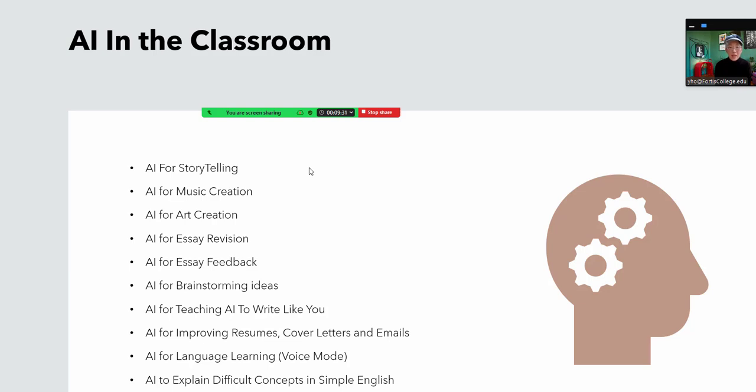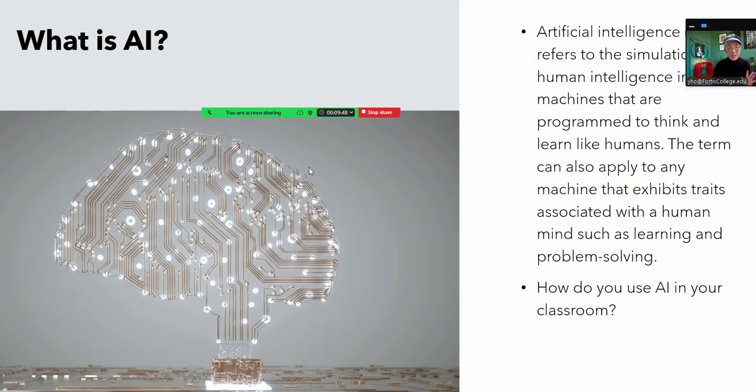So if you use AI in voice mode on your phone, you can speak to the AI and really improve your English. AI to explain difficult concepts in simple English. So I'm going to go over each one of these. Okay, so that's going to be the content of today's lesson.